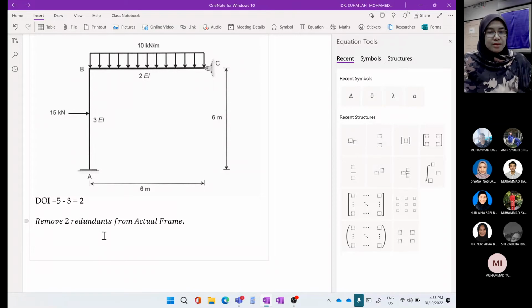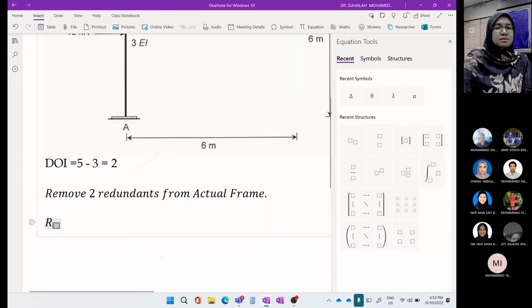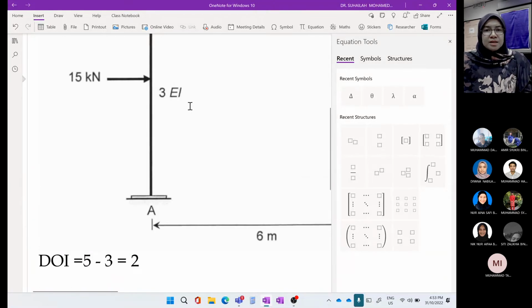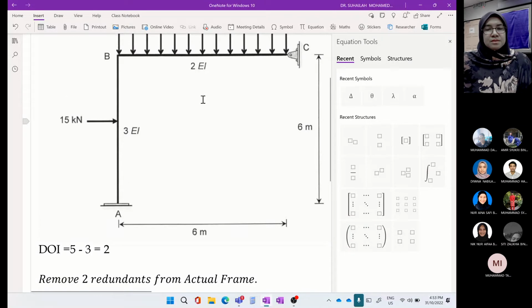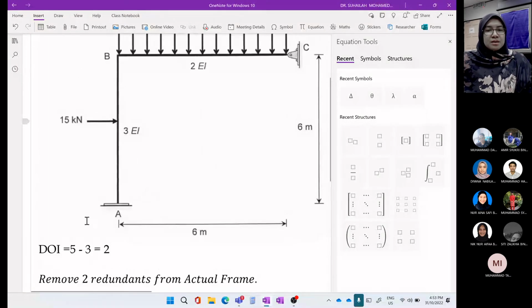We will start with identifying the redundant. 2 redundant means that we have R1 and R2.